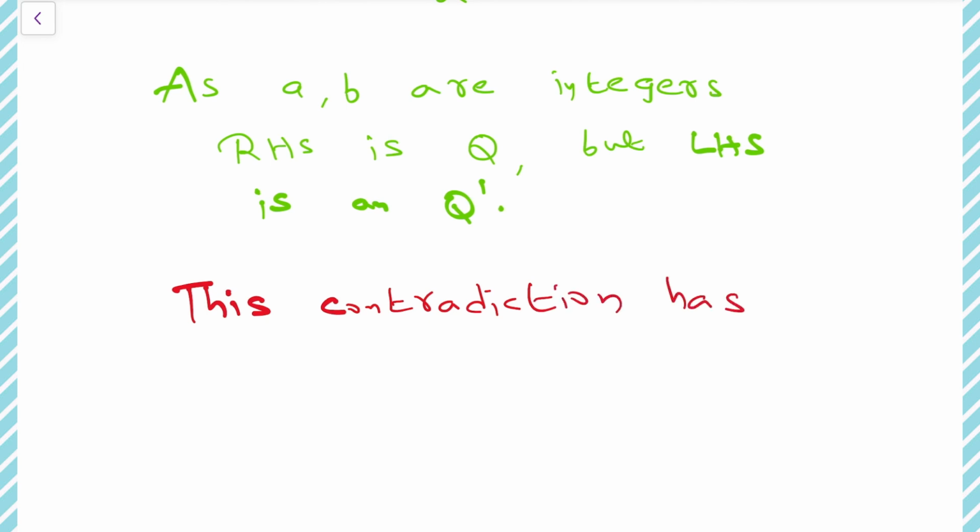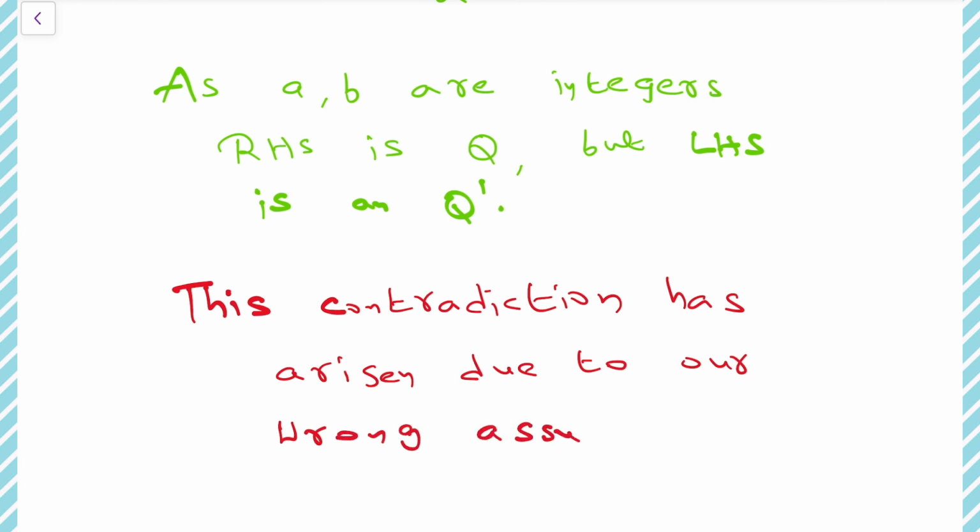This contradiction has arisen due to our wrong assumption. So 1 by root 3 is an irrational number.